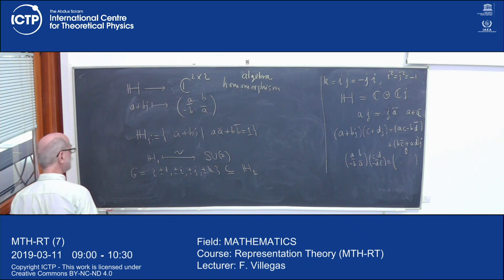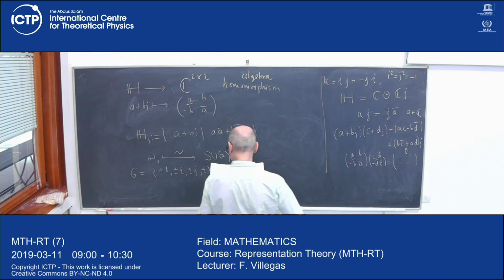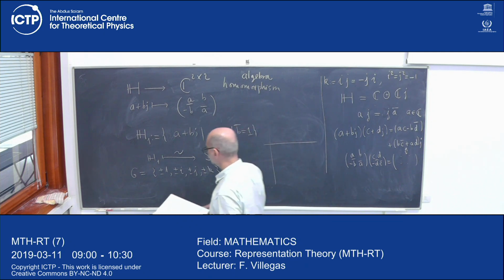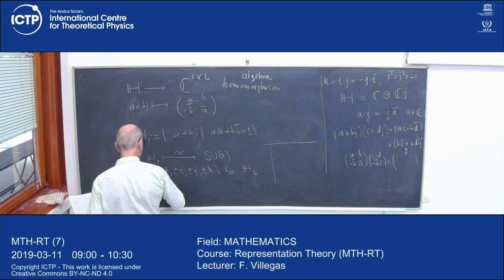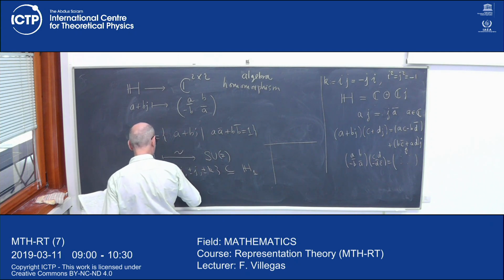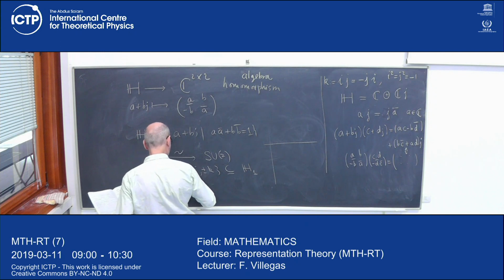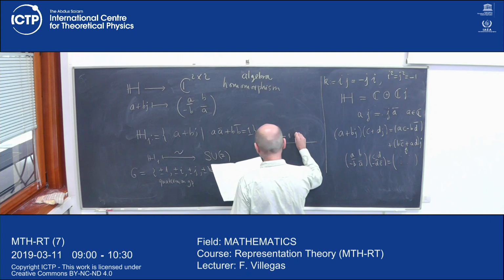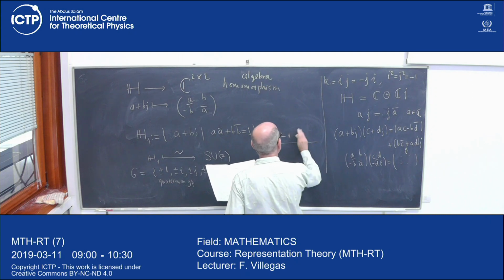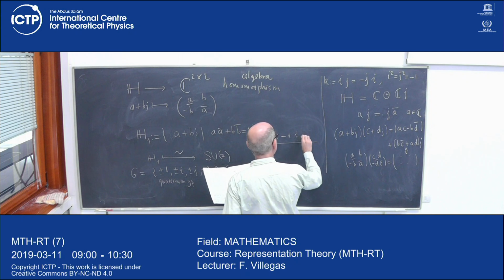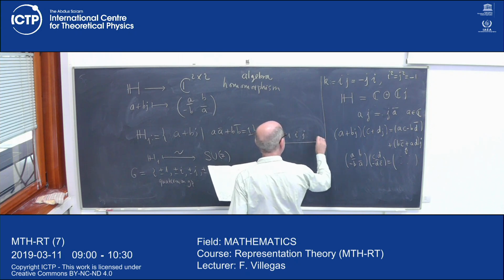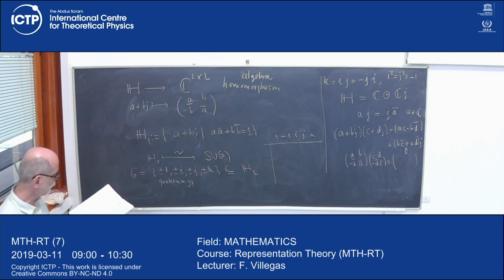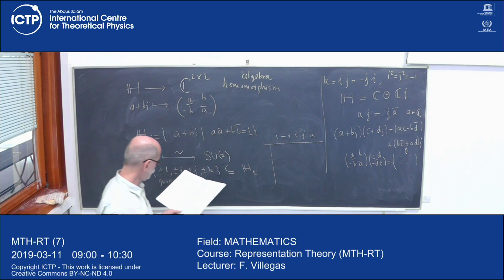Okay, and so the character table of this group, so this is the Hamilton, well, this is the quaternion group of order 8. And you can easily work out what the character table is. The conjugacy classes are given by 1, minus 1, i, j, and k, plus or minus i being one class, plus or minus j being another, plus or minus k another one.